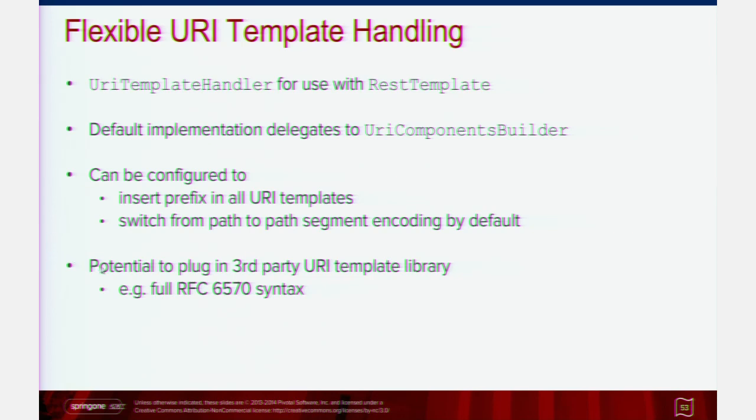And then you may have come across this, but there is RFC 6570 for URI template syntax, kind of more advanced URI template syntax. I don't think we're headed in the direction of fully supporting all of those options. They seem to be rather extensive.